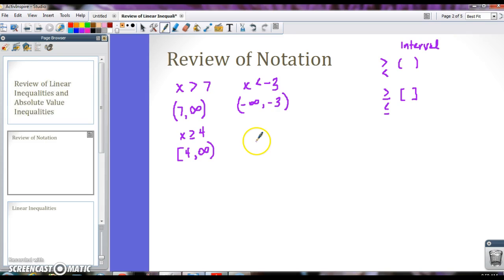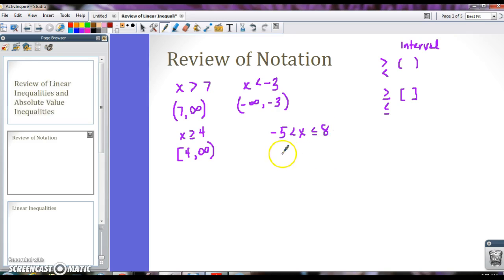Okay, so that is interval notation that we use quite often when you have a compound inequality. So for example, let's say I have -5 is less than x is less than or equal to 8.